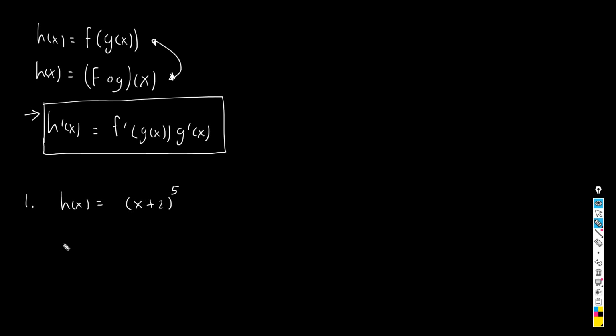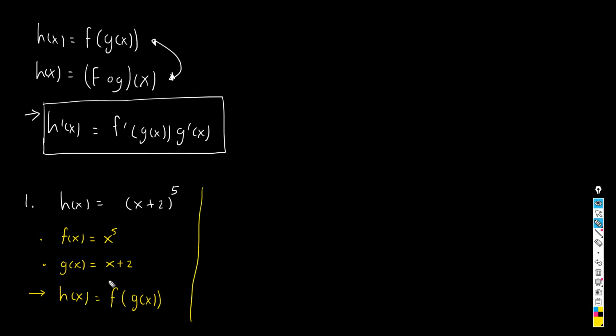If I say that f of x is equal to x to the 5, and if I say that g of x is equal to x plus 2, okay, I'm creating these two functions, you see, then I can write h of x simply as f evaluated on g. Why am I saying that?